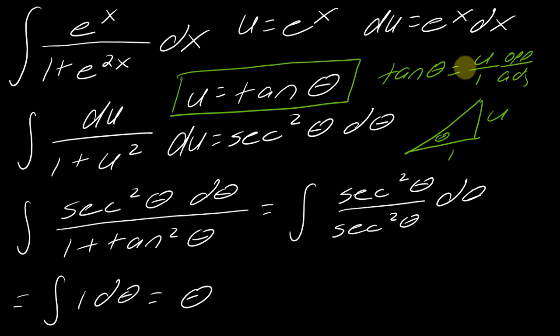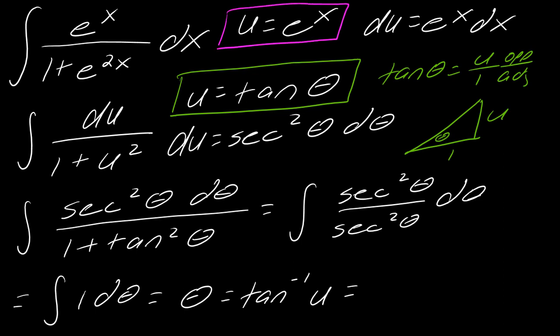So when I'm thinking of how to solve for just theta in this case, I'm going to take arctan or inverse tan. So this is going to be inverse tangent of u. And then inverse tangent of u, well, now we have to remember what u equals, so we go down the line. So this ends up becoming inverse tangent of e to the x plus c. And so that'll be your final answer in that case.